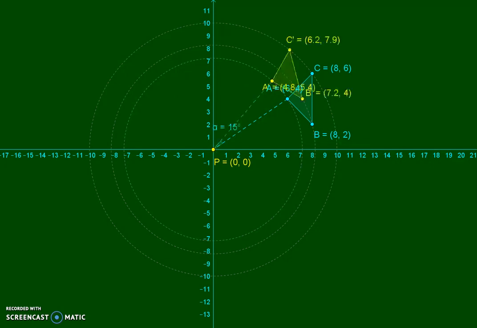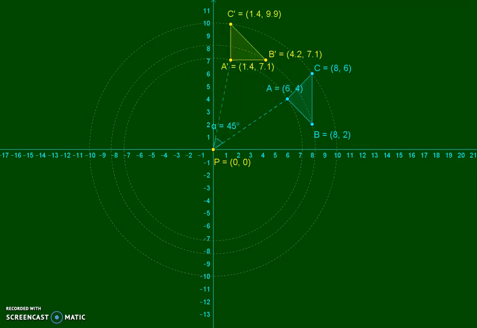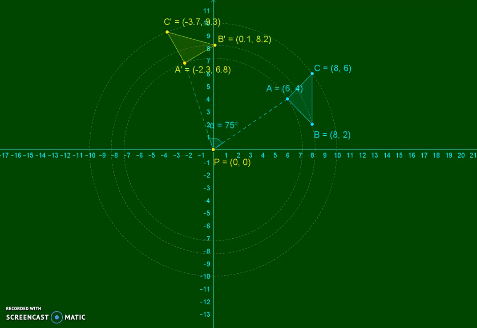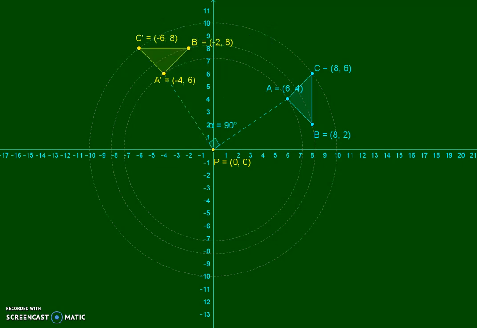And as we rotate it, you can see that each point moves along the circumference of its respective circle. So A moved along this circle to A prime, B moved along this circle to B prime, and C moved along that circle to C prime.